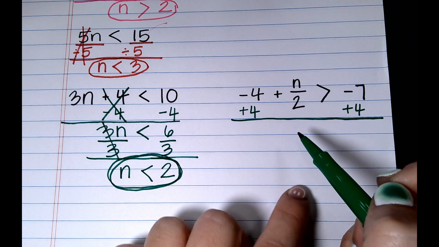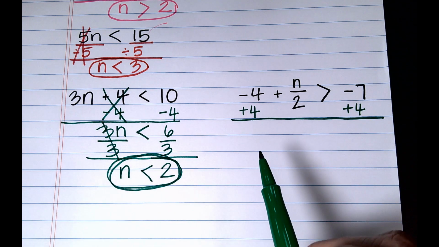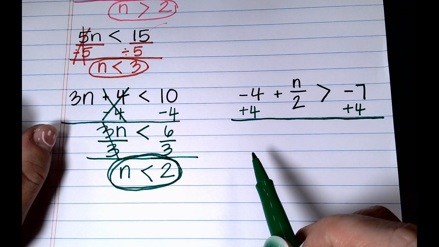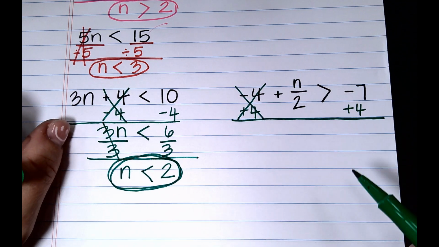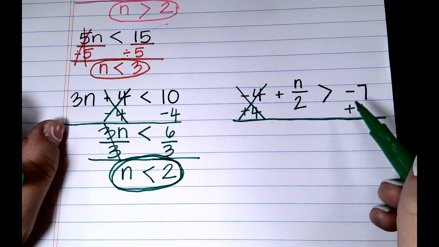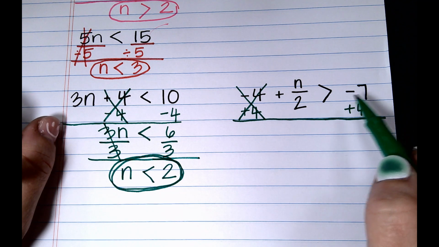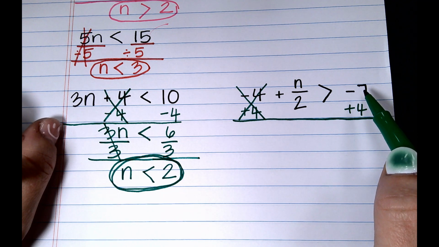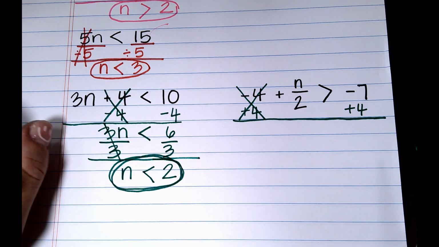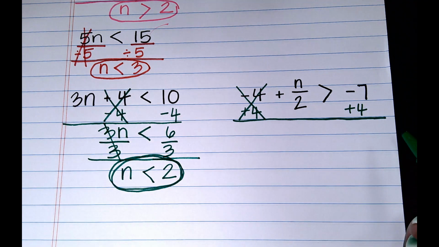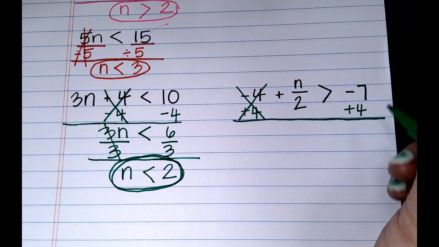What do I do here now? When you cross out the 4s first of all, then you add the 7 and the 4. Negative 7 and plus 4, what is that going to give me? Negative 3.